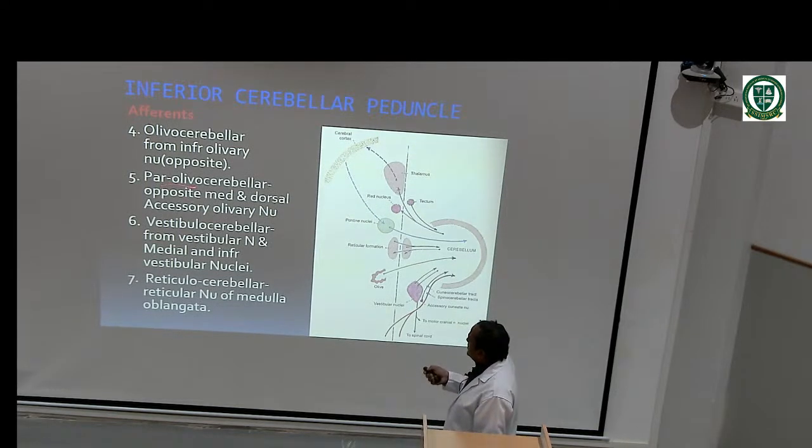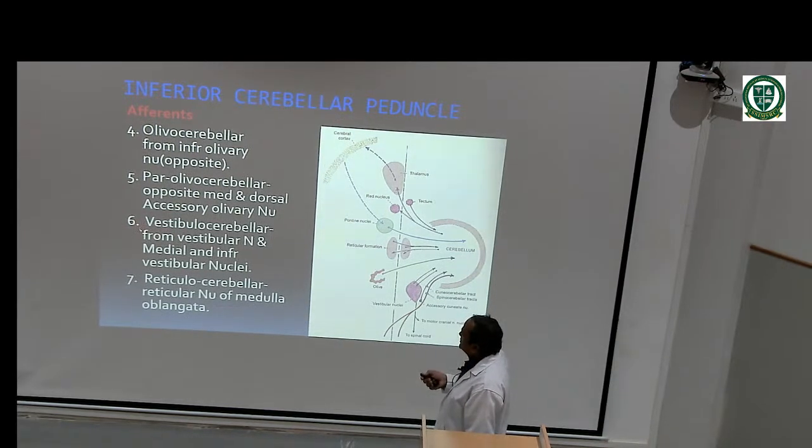Next, parolivocerebellar fibers arise from the contralateral medial and dorsal accessory olivary nucleus. They also join the inferior cerebellar peduncle.